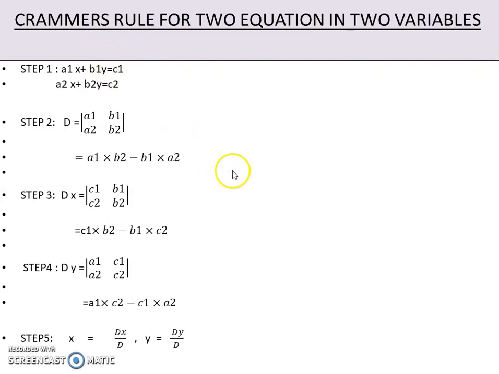In the next lecture, we will discuss the same topic, that is the procedure to find the solution of x and y of the given system using Cramer's rule of determinant. Now we continue the next lecture from the next step. Let us try, and better we revise the 10th example to solve the system.